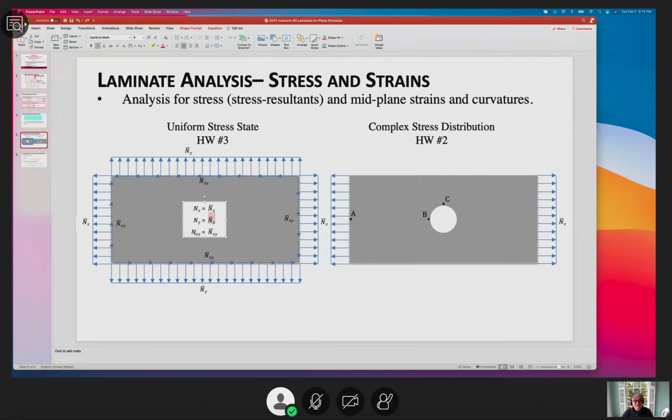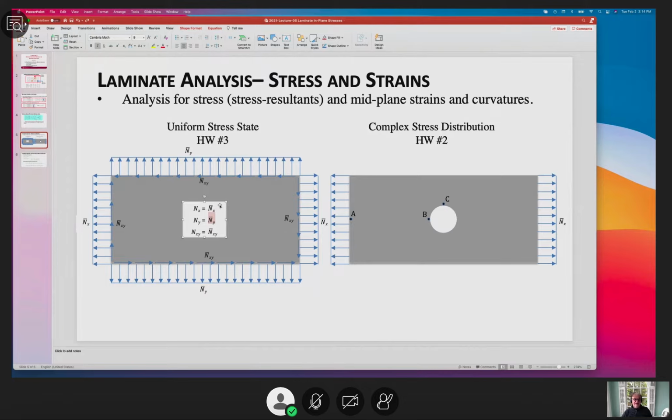And then the shear stress applied, Nxy bar, and that I showed as positive here, where it's acting up here, down here, and to the right, and to the left here.